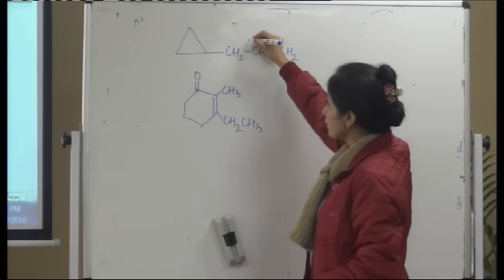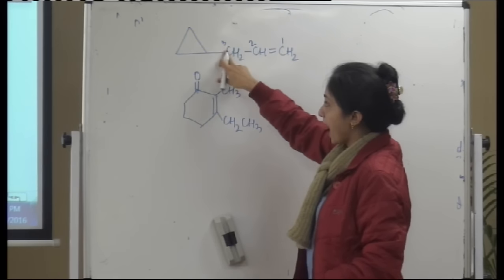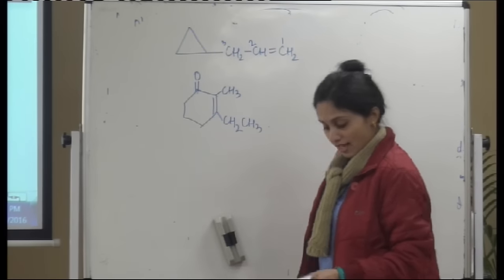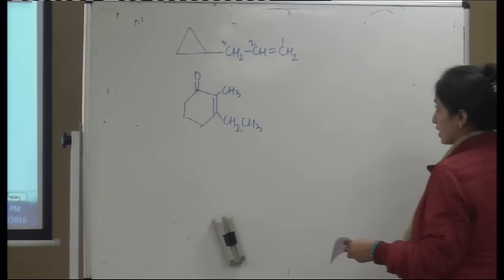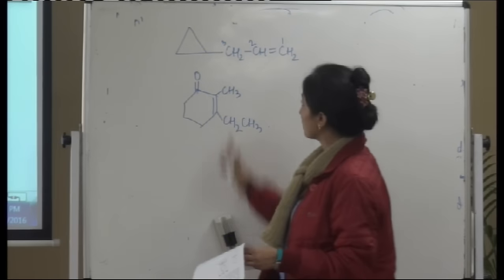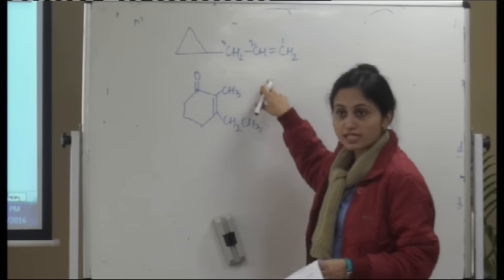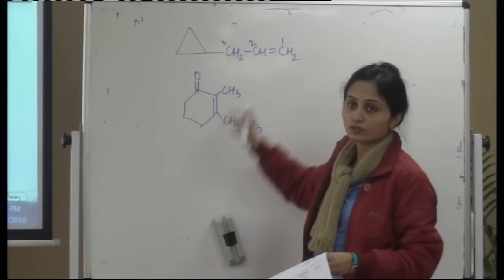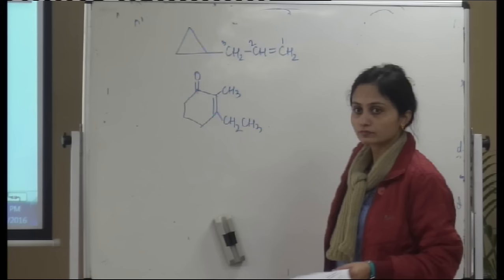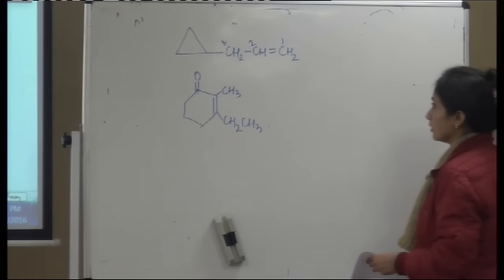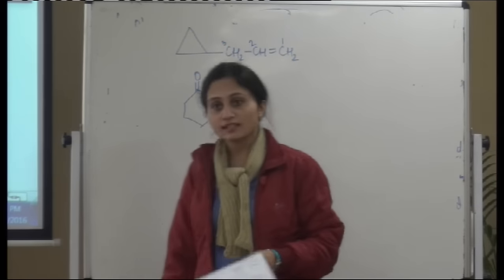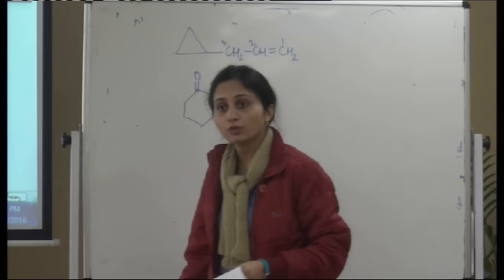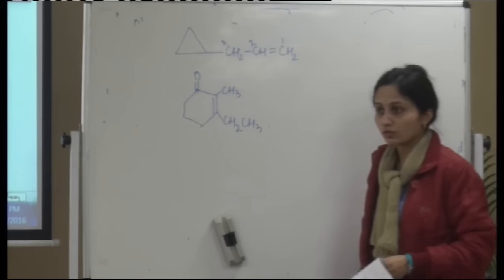So 1, 2 and 3, and at 3 you have your cyclopropyl chain. So this will be 3-cyclopropyl, and then you have prop-1-ene, or 1-propene. The number in this case is important because it could have been a 2-propene also. Alright?